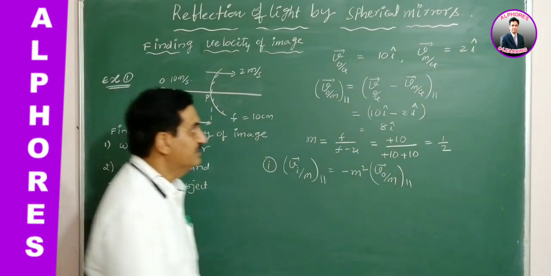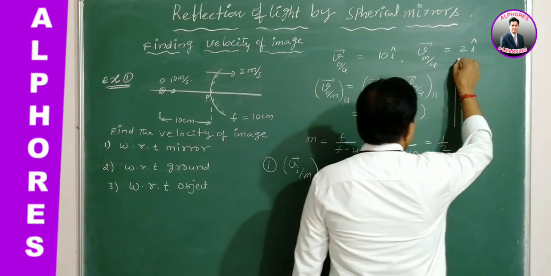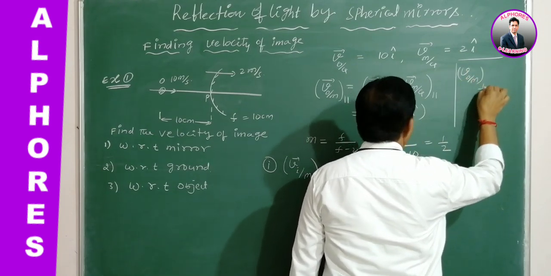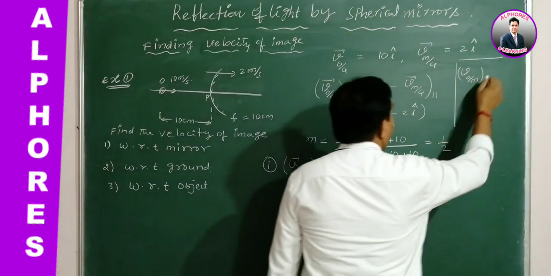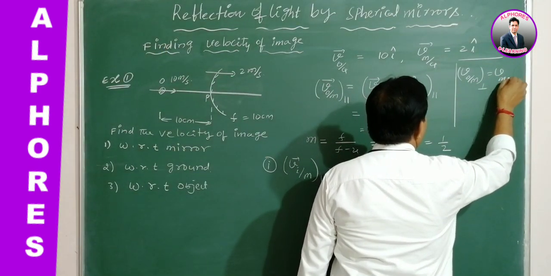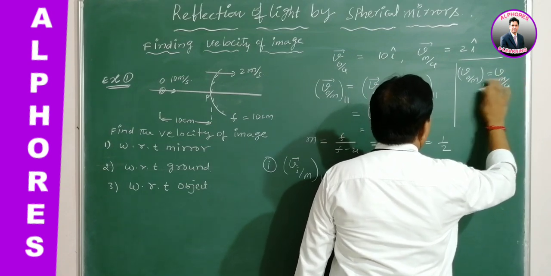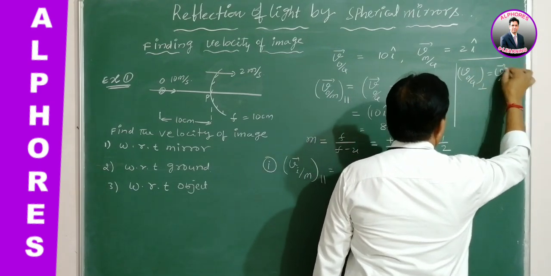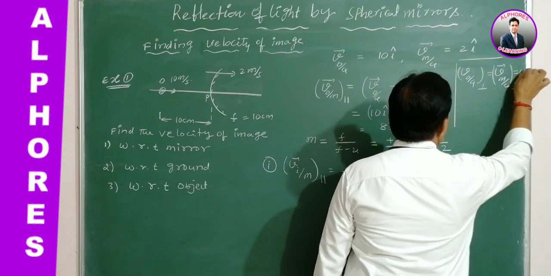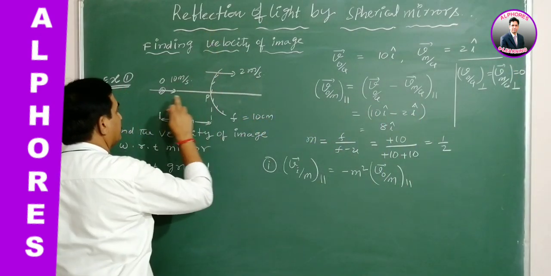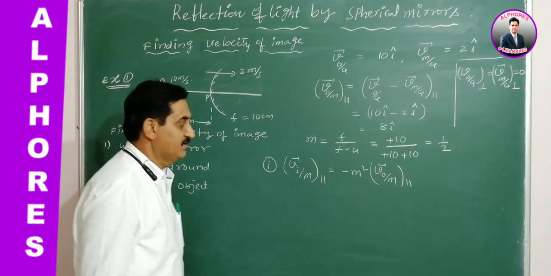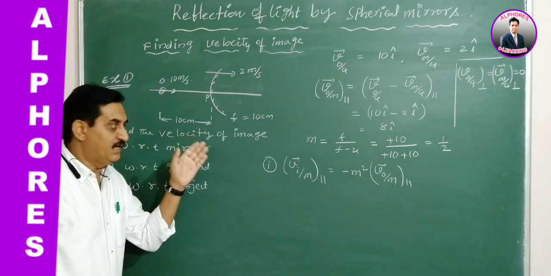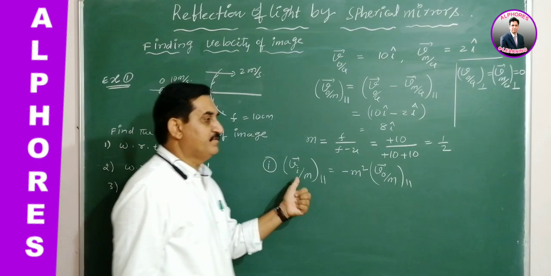And one more point here: we have to develop the velocity of object with respect to mirror in the perpendicular direction, and that equals the velocity of object with respect to ground minus the velocity of mirror with respect to ground, also in the perpendicular direction. These two are 0 because the mirror is not moving perpendicular to the principal axis, and the object is not moving perpendicular to the principal axis. This is the fundamental formula to find the velocity component along the principal axis.